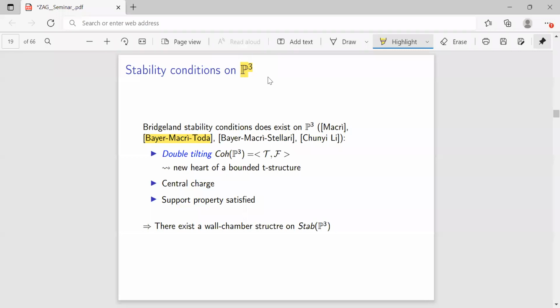In particular, for P3, we have the result, which is proved by Macrì, and also by Macrì and Stellari, and also by Chunyi Li. So they define the central charge and they prove the support property. And so all this guarantees that there exists a wall and chamber structure on Stab of P3. Okay, this is all the background on stability conditions. And now let's get back to the problem that we had.